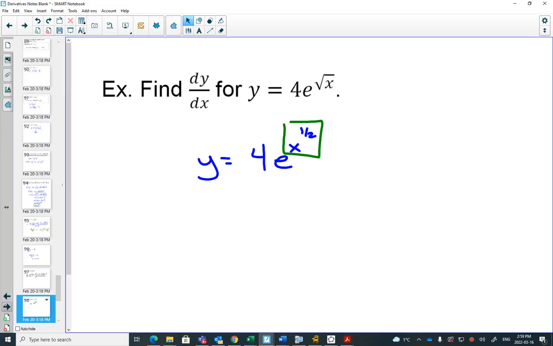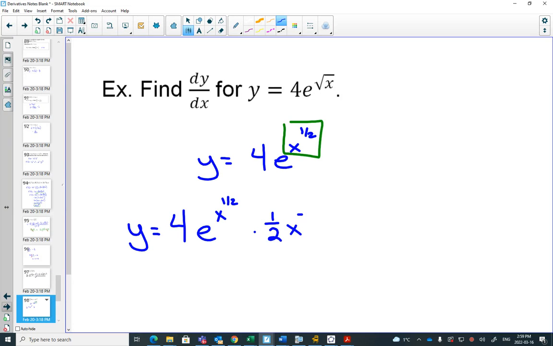If I deal with it as a chain rule, I would have derivative of the outside function, derivative of e to the x is e to the x, keep the inside the same, so I keep x to the half the same. Multiply by the derivative of the inside function, which will be 1/2 x to the negative half.